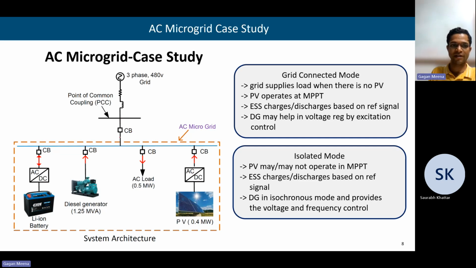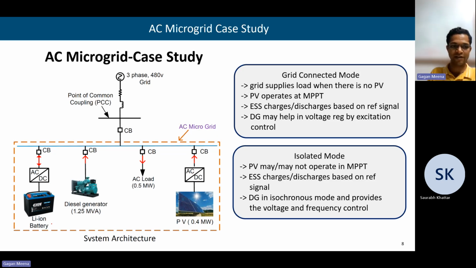This is a circuit breaker which, if there is a fault on the grid side, can disconnect this AC microgrid from the main grid. And there is an individual circuit breaker for each of these loads as well as the generation. In case of a fault in any of these, the circuit breaker can be opened.